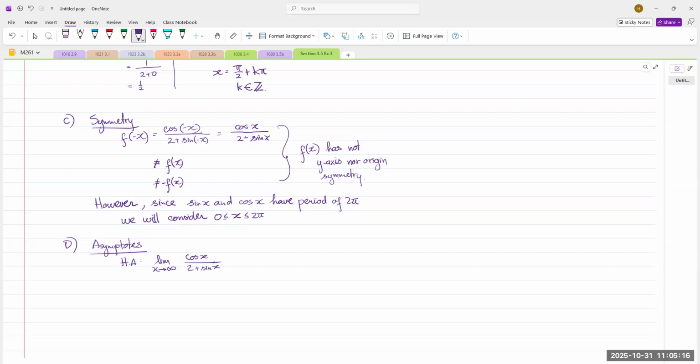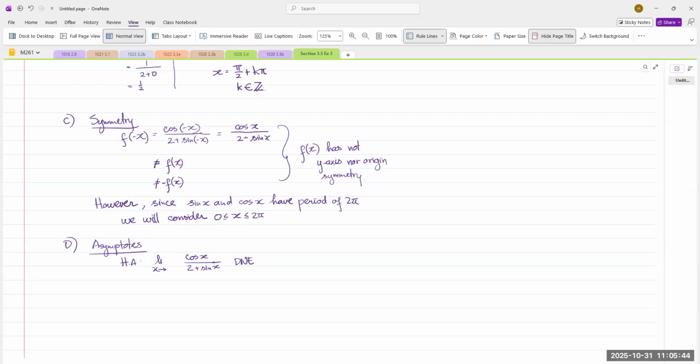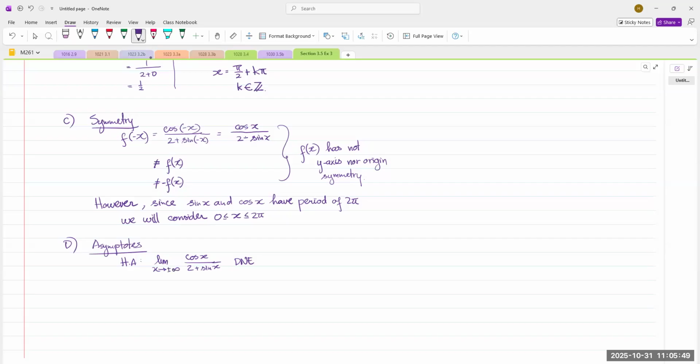Because of the period, this limit does not exist, because the top oscillates between -1 and 1, but the denominator oscillates between 1 and 3. In fact, it is true even for negative infinity. The limit as x goes to positive or negative infinity does not exist.